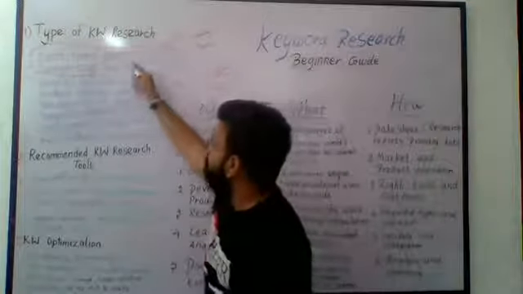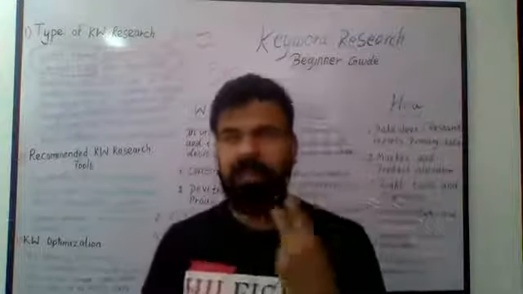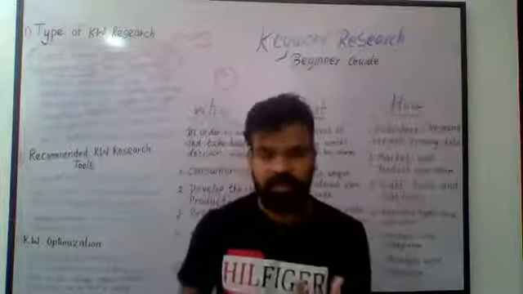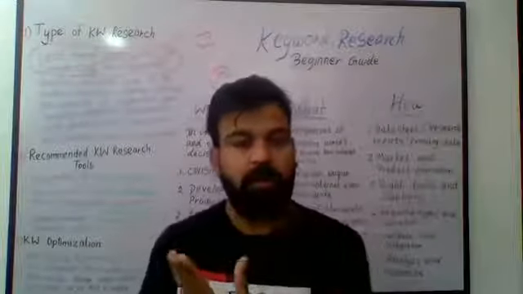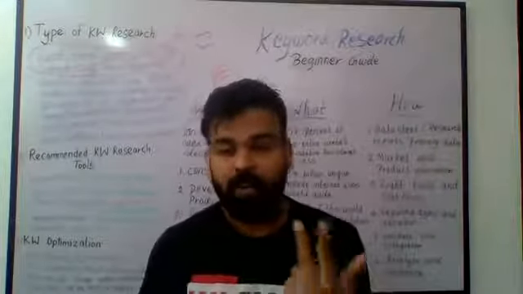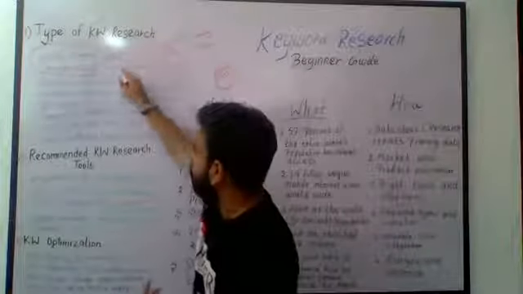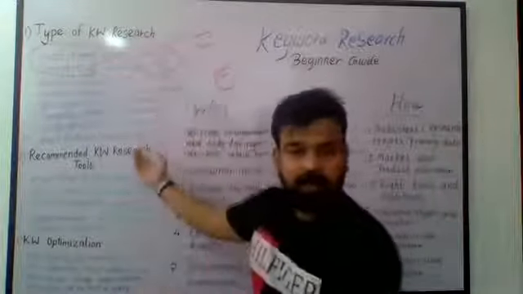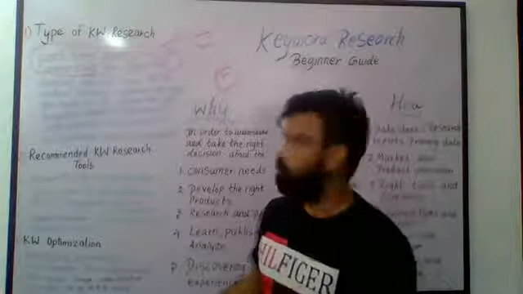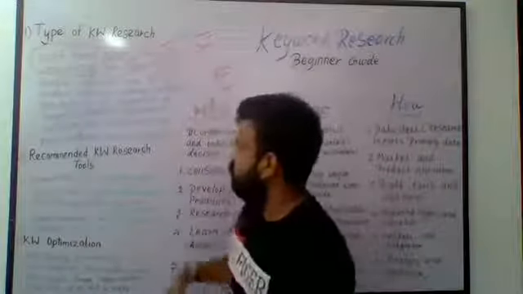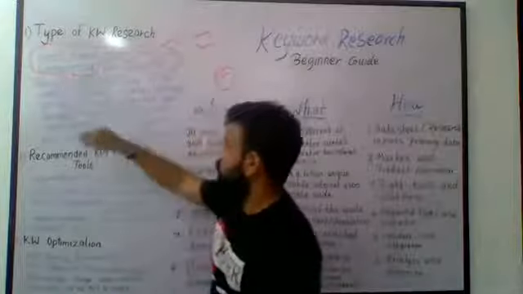Short tail keywords are keywords with fewer than 3 phrases, like MI power bank, Sony power bank. These are 2 phrases. Maybe cheap power bank, 2 phrases. That's what we call short tail. And long tail, we have already seen that.